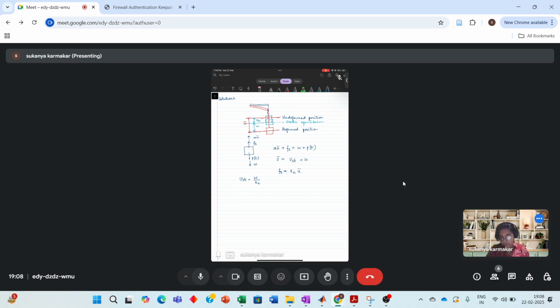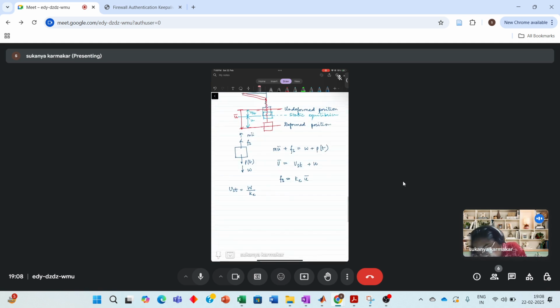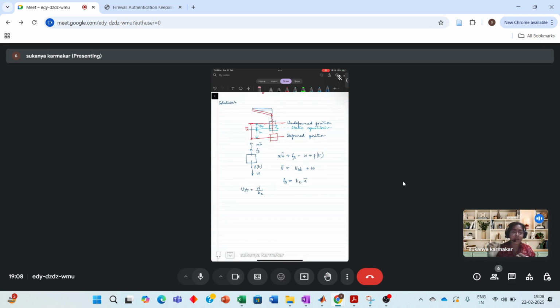Now, what do I do? So this I had done wrong. Nobody pointed this out. When we write acceleration, it's always in terms of the total acceleration, with respect to this total variable U bar, right?